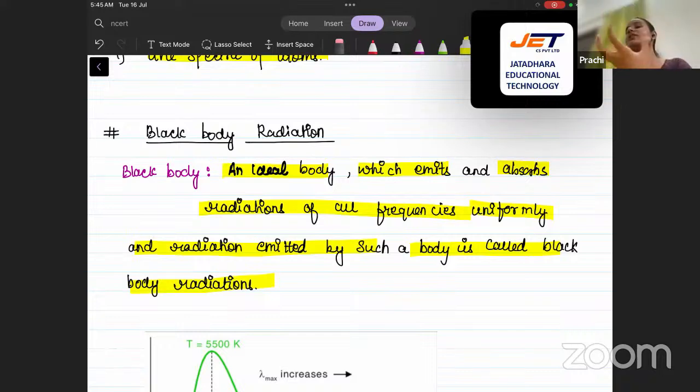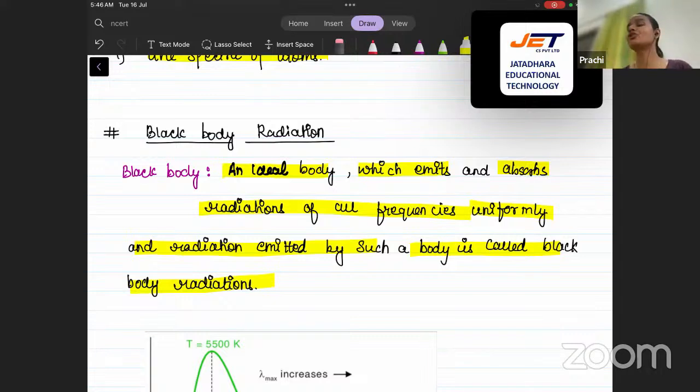Also any heated object that you see around you will act as a black body. Any object which you are heating changes color according to the temperature, so it will also act as a black body, because once we are heating it, it will be emitting light of different frequencies, right?